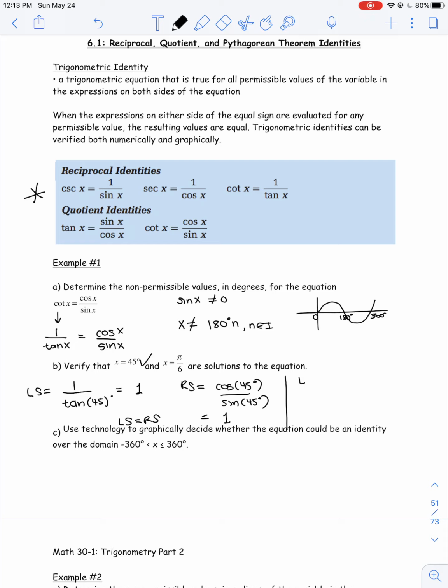So for the left side, we're plugging in 1 over tan of pi over 6. Now, if we draw the triangle for pi over 6, it's going to look like this. Pi over 6 is the same as saying 30 degrees, and 30 degrees should always be opposite to 1. Our angle opposite to 90 degrees should be 2.